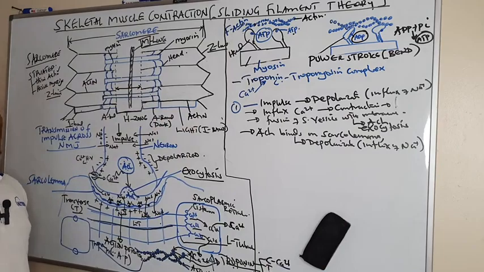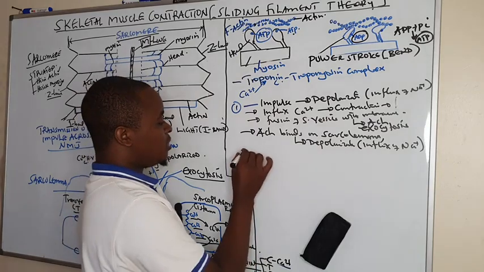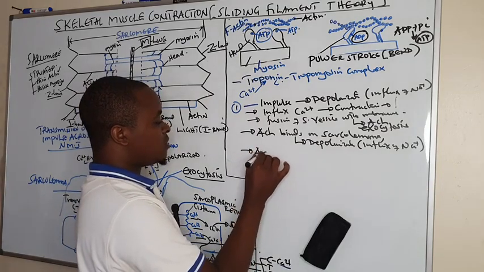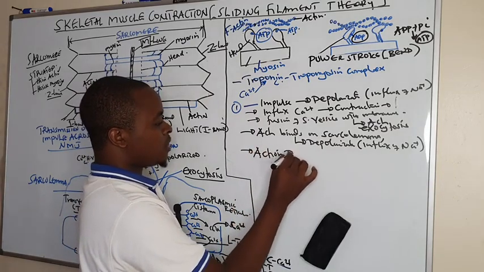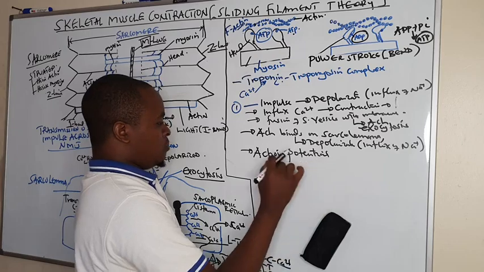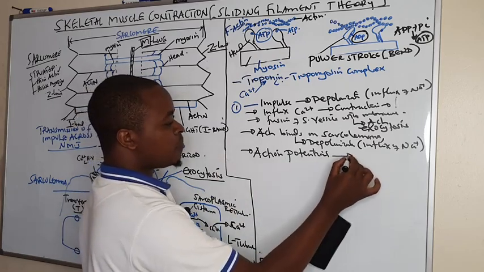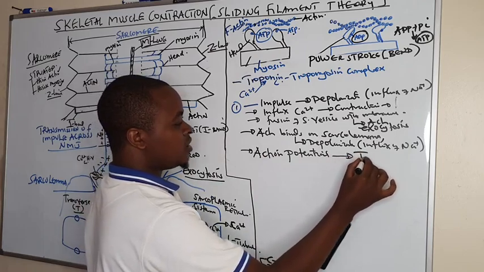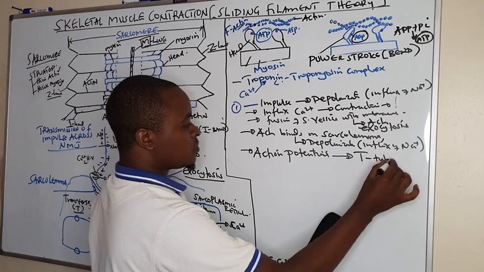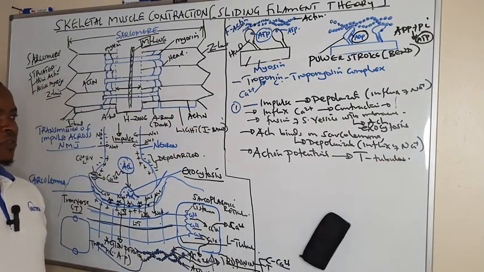And when depolarization sums up to reach a threshold, it results in formation of an action potential, and this action potential formed is propagated via the T tubules, what we call the transverse tubules.